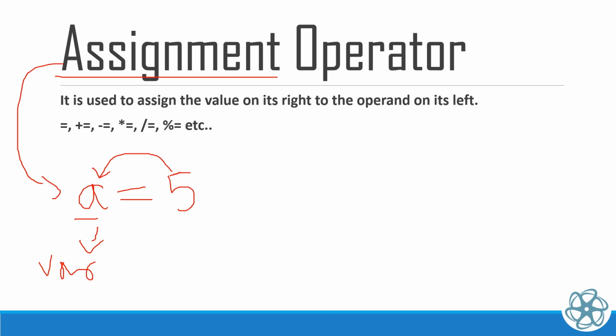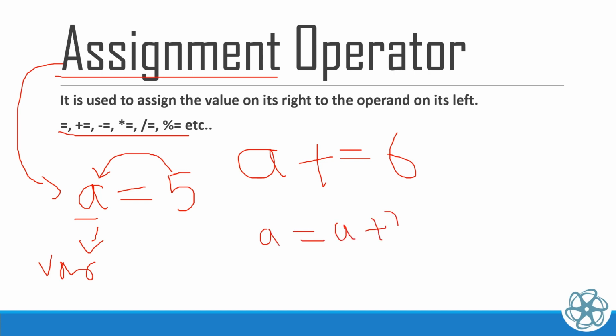So there are different types of assignment operators: plus equal to, minus equal to, multiply equal to, divide equal to. If I write a plus equal to 6, this is nothing but a is equal to a plus 6.